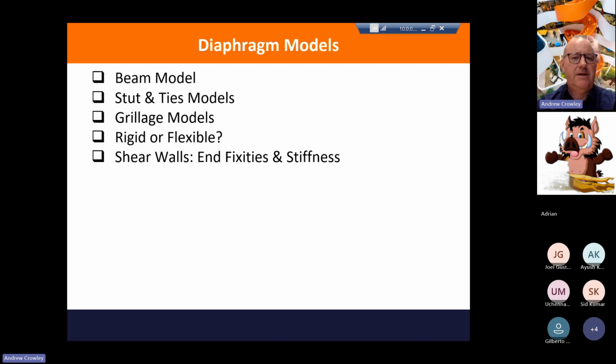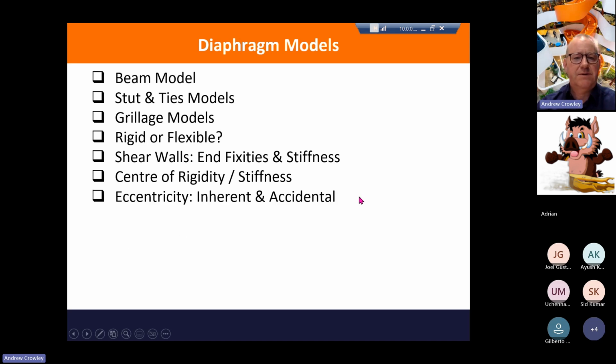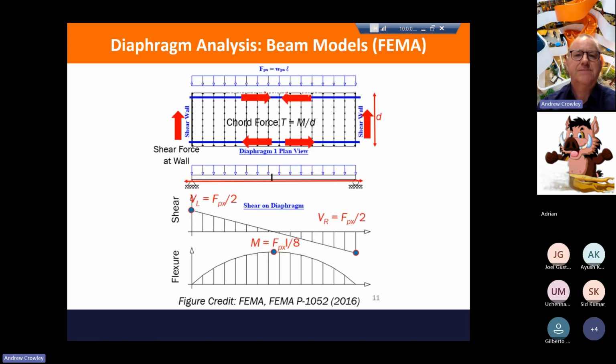We'll look at end fixities and stiffnesses, as well as defining the center of rigidity or the center of stiffness. And we'll come across inherent and accidental eccentricity.